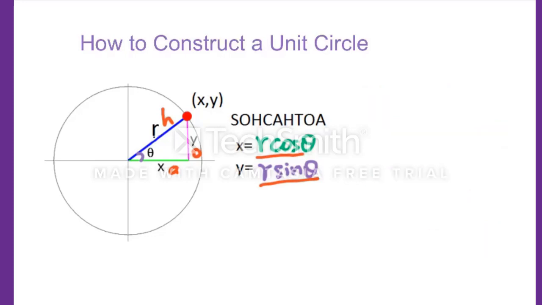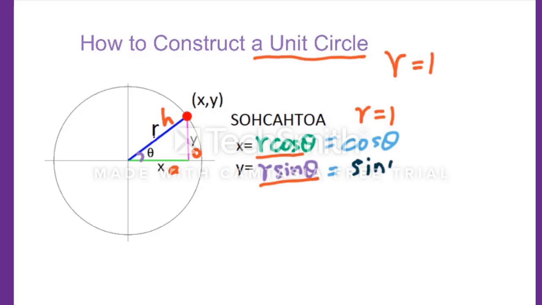What's a unit circle? A unit circle means any circle whose radius equals 1. Suppose this is a unit circle. We know radius equals 1. Therefore, we plug in here, we got x equals cosine theta, and y equals sine theta.